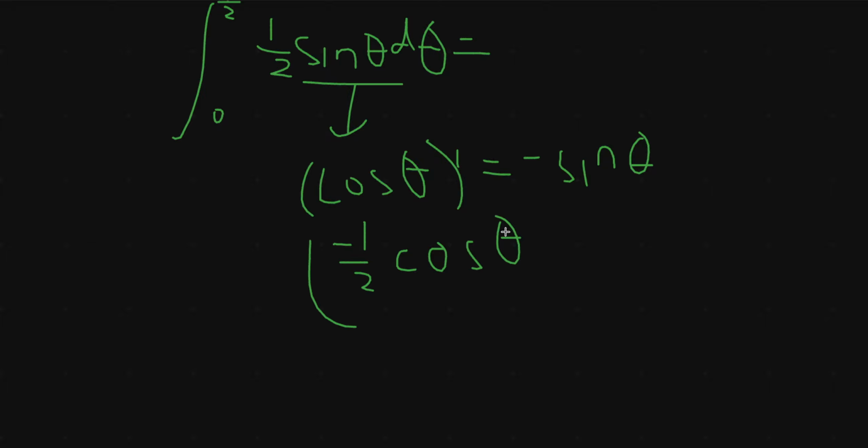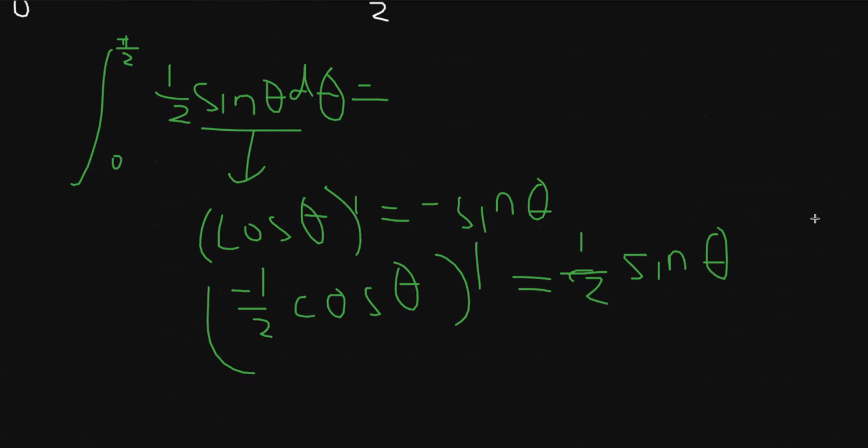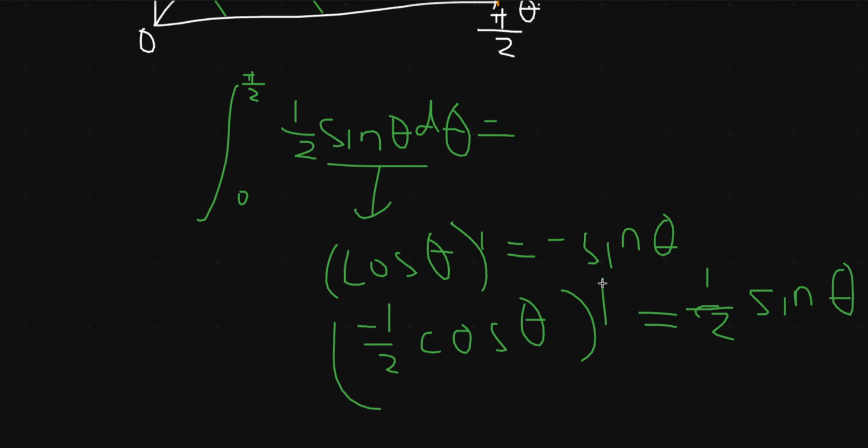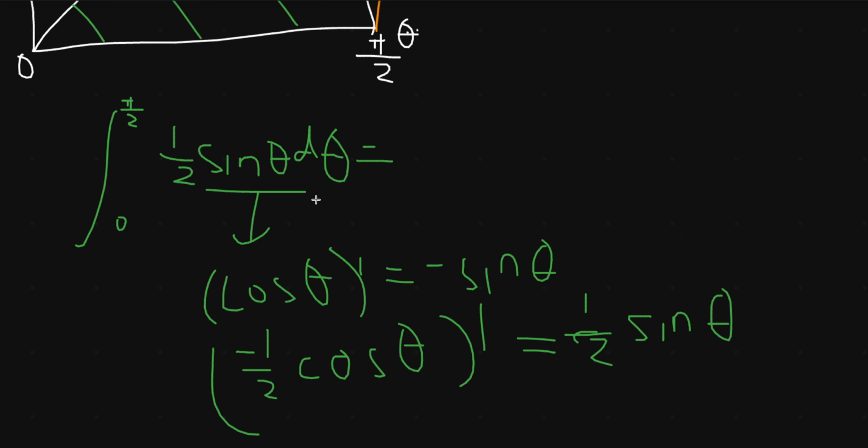It's great. Here, the derivative is simply going to equal half sine theta. Okay, now it's very simple. We basically subtract the lower bound from the upper bound. So what is negative half cosine 0?